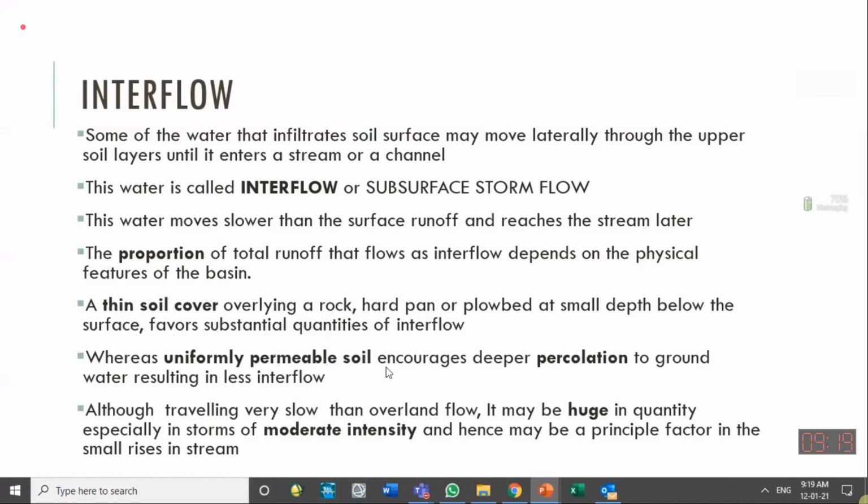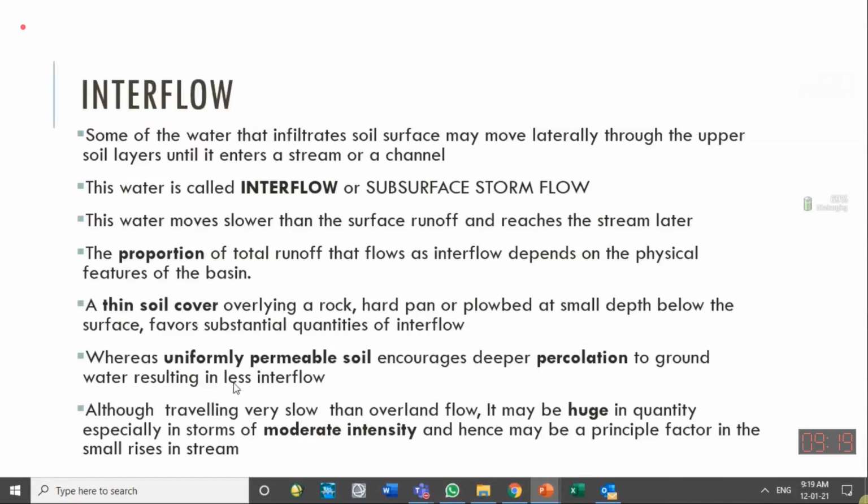Uniform permeable soils and thick permeable soils, like we have the alluvial plains in Punjab area, thick alluvial soils which are permeable also. So that encourages deeper percolation, that allows water to go to the groundwater body.